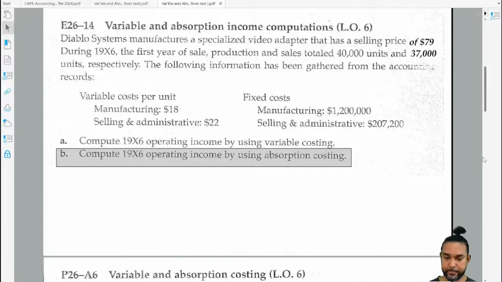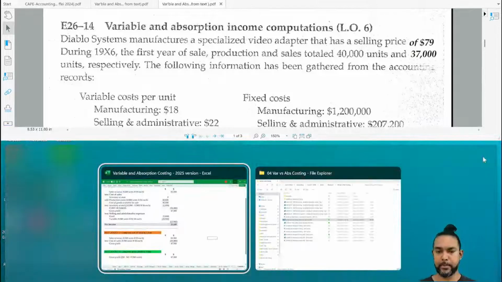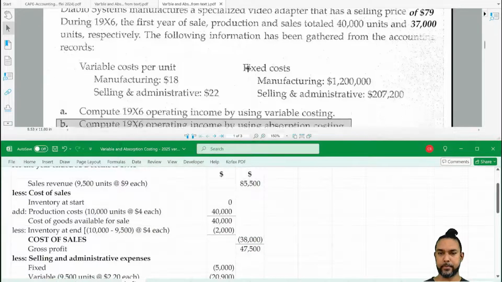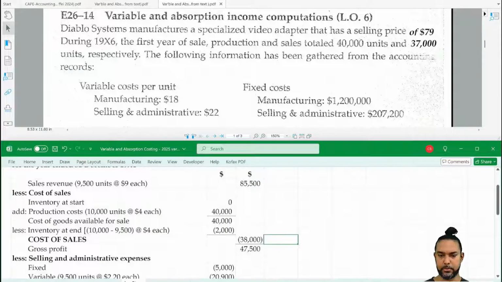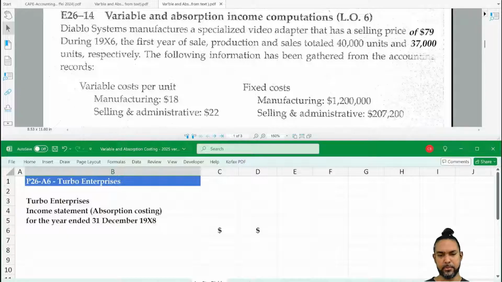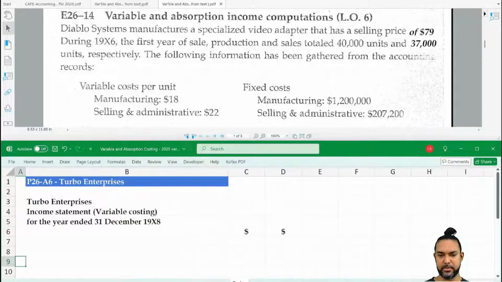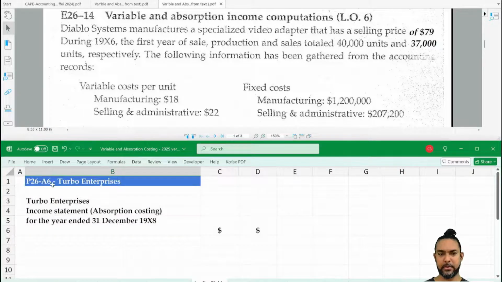Okay, shall we? So let's put that up. Right, so that's the information we need. Income statement Diablo. Why does it say turbo? Turbo's across here, so I did Turbo. Okay, cool. I probably just labeled it incorrectly. So this was E26-13, and that was Diablo Systems.